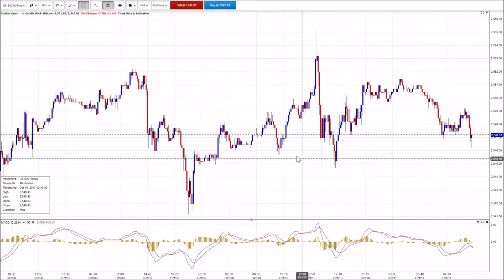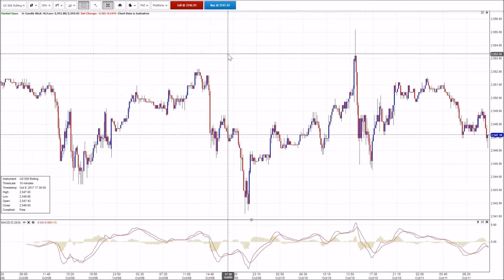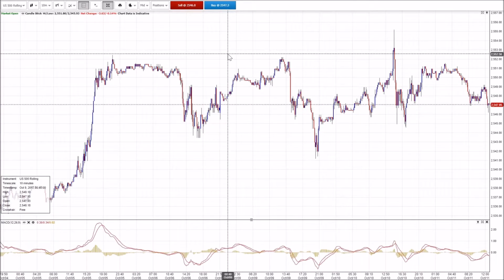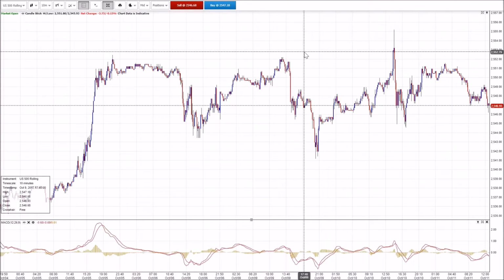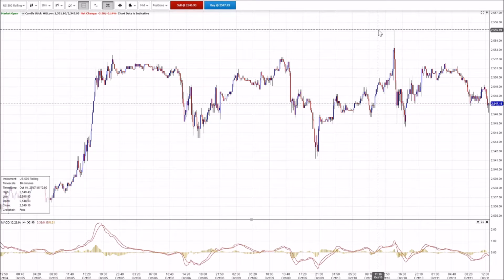That's probably the most bearish thing we've seen for about a couple of weeks, and it was all over in about 15 minutes. So if you were absolutely convinced the US stock market is going to crash from here, if you're going short, you've got a logical point to put your stop, up above yesterday's highs.